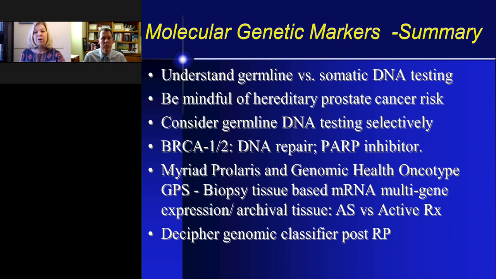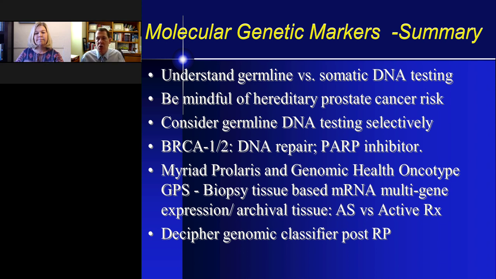Our first question, Dr. Moul, is for a typical man presenting with prostate cancer, what should doctors and healthcare providers be looking for or asking that might suggest the need for hereditary cancer gene testing? That's a really good question, and that hits at the beginning of the talk.